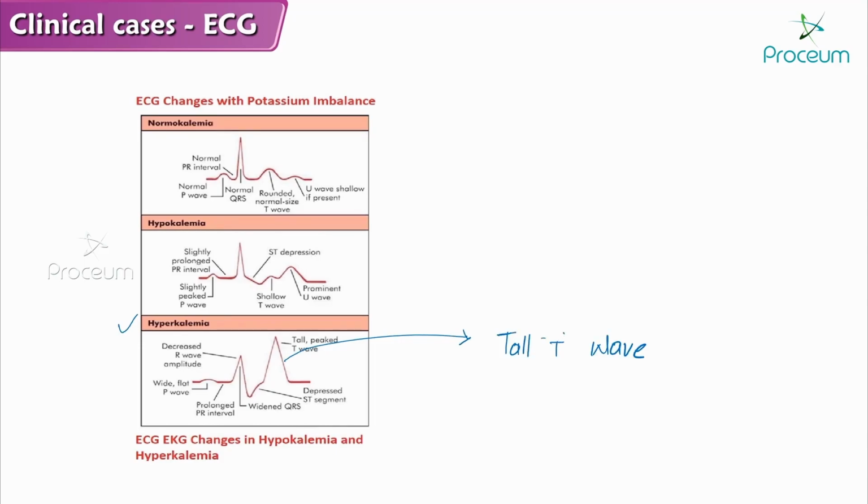Apart from that, ST segment depression will be there. In the QRS complex, you will have a wide QRS complex. And the PR interval will be prolonged.